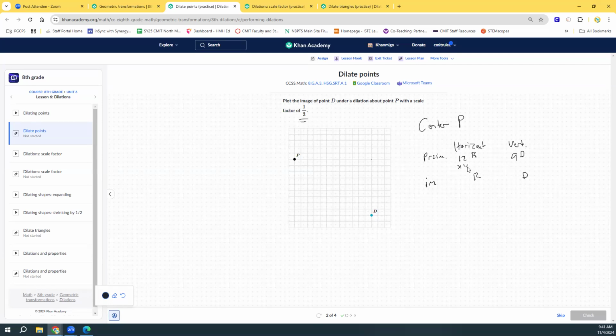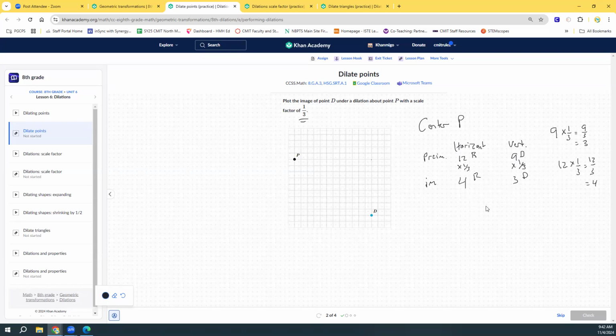So I'm going to multiply 12 by 1/3, which is 12 over 3, which is 4. So in the image point, I'm going to only go 4 right. And then I'm going to multiply 9 by 1/3. 9 times 1/3 is 9 over 3, and that is 3.